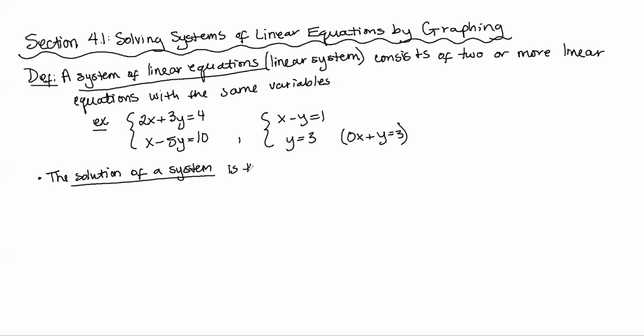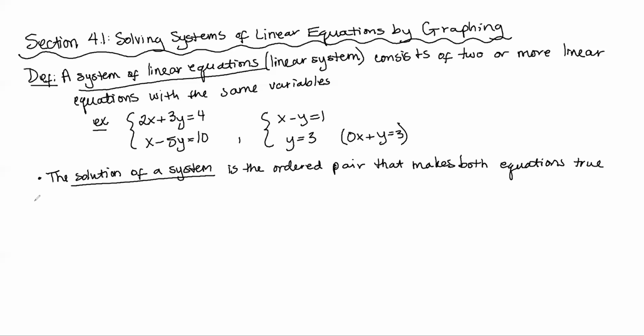It's the ordered pair, so a point on a graph that makes both equations true. And so we need to see how we can figure this out from a graph. And then the other methods are a lot different, but those ones are going to be a little bit more efficient. This one's just good for seeing why we're doing what we're doing.